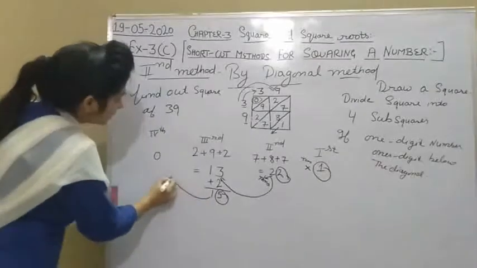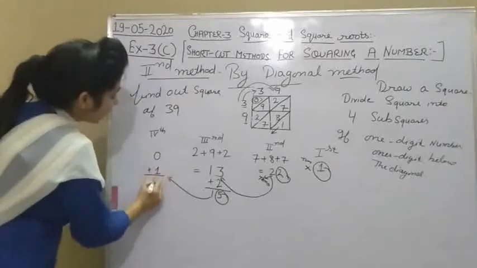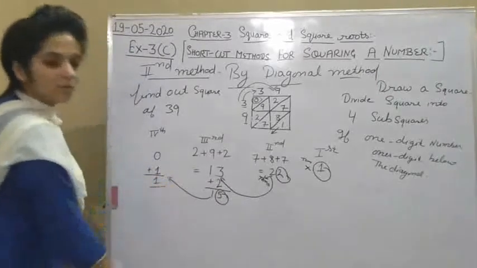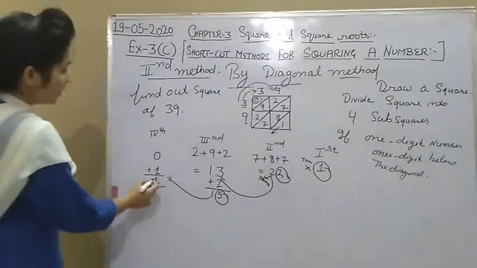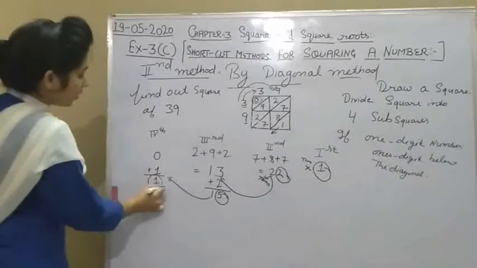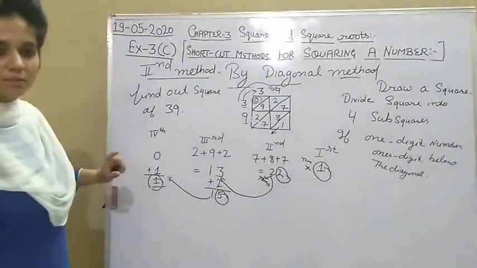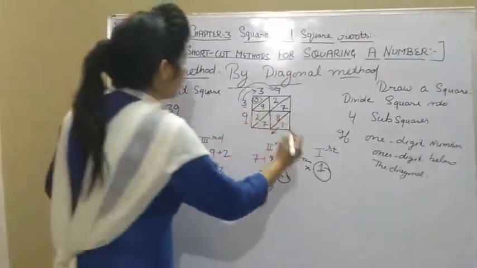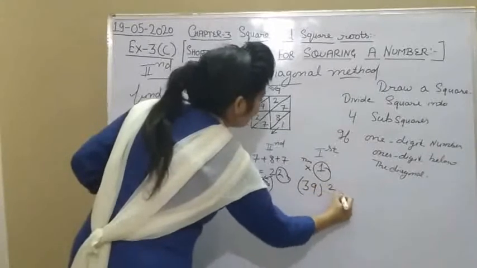Give carry to the 0. Then 0 plus 1 is equals to 1. Circle on the last digit.